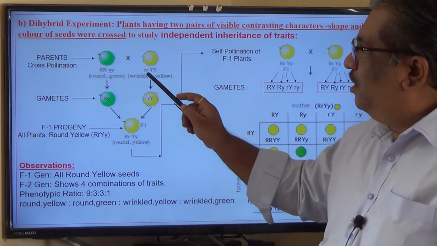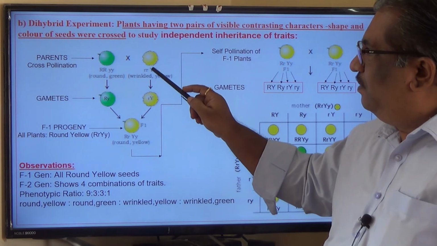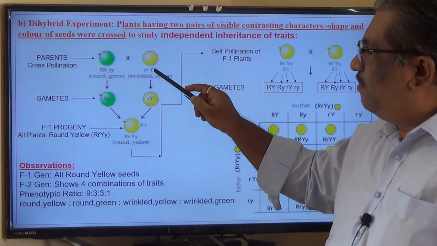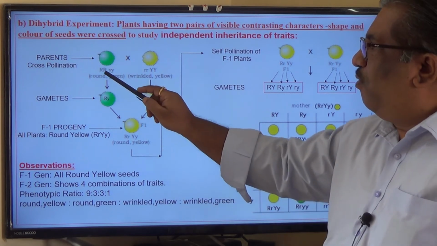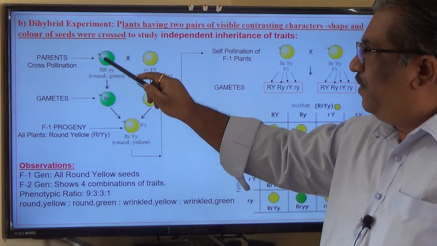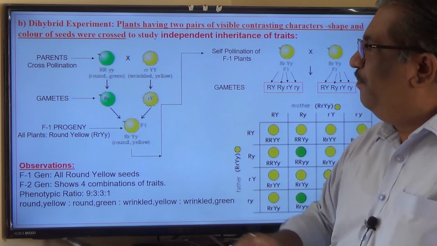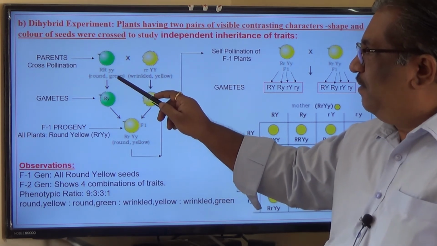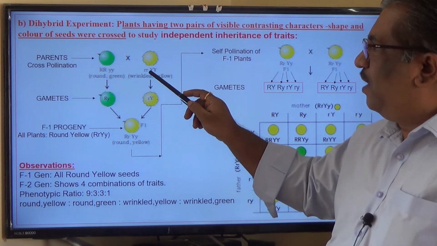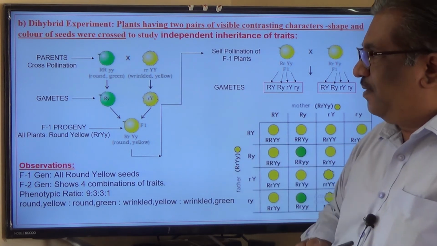Capital Y, once again capital Y and capital Y, yellow color is dominant color, and roundness, capital R is the dominant shape. Whereas small y, green is recessive color, and wrinkled, small r is recessive shape.